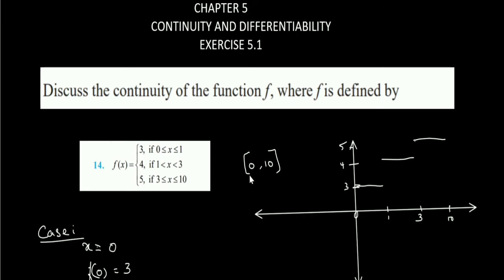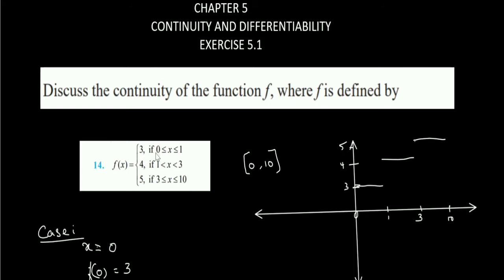So we have to check at 0, at 10, and also in between, at 1 and 3. How do you check whether the function is continuous at 0?